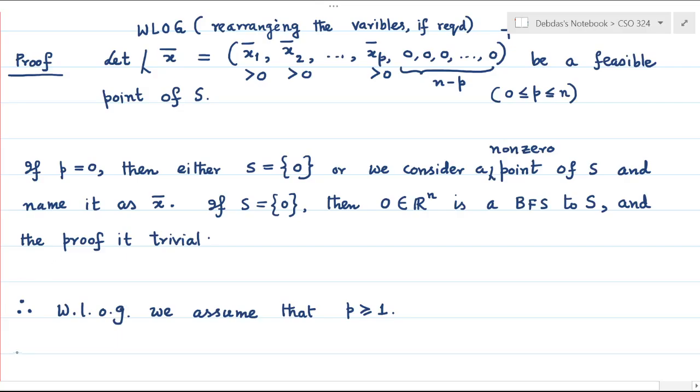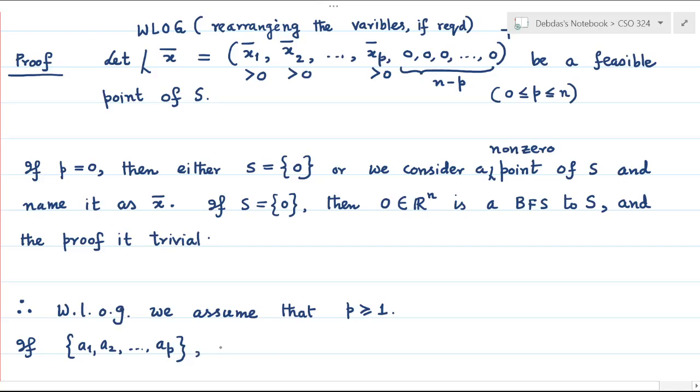Fine. So let me now start with writing that if the column vectors a1, a2, ap, those are column vectors associated to the first p variables, that means the non-zero variables. These vectors a1, a2, ap are the column vectors of capital A, which are associated to the non-zero variables of x bar.